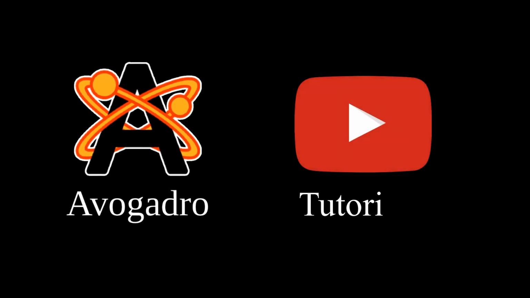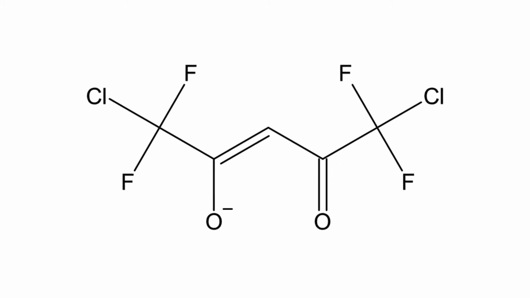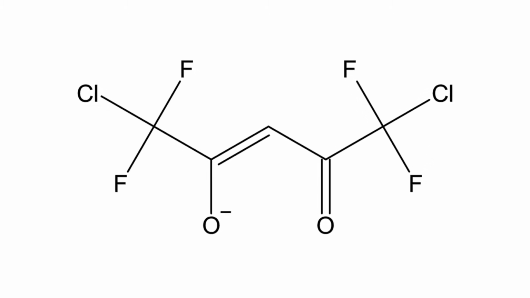There are many YouTube tutorials on how to use Avogadro to create new molecules. In the description of this video, we provide links to some of these tutorials. Okay, so let us assume that you need to add the following new ligand to the database: a substituted beta-decatenate.